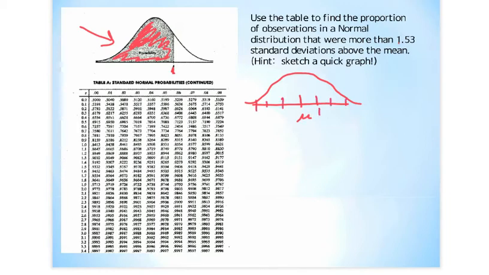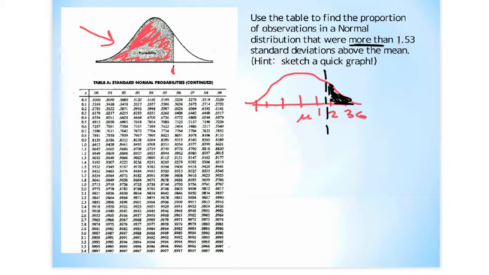So this is 1, 2, and 3 standard deviations away. Now, I want 1.53. So that looks to me like that's going to be right about here.